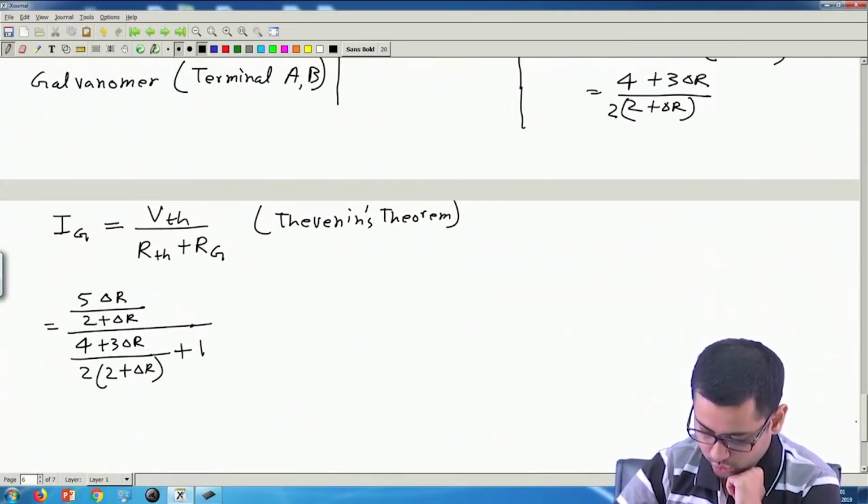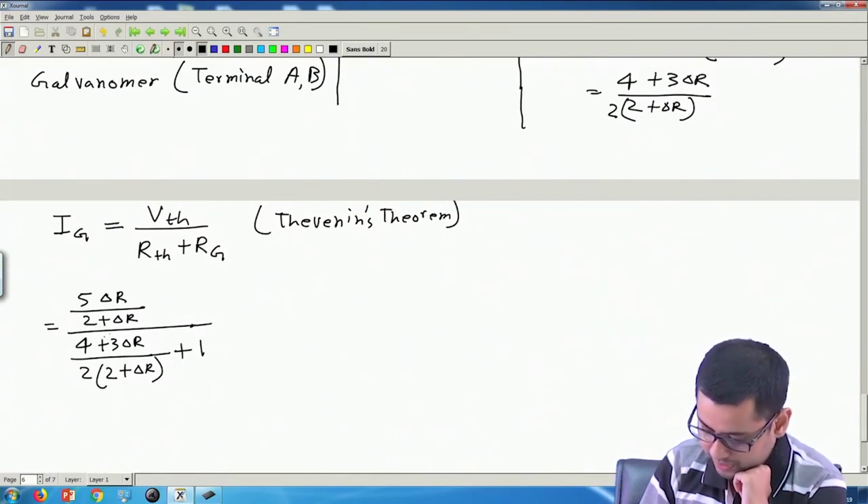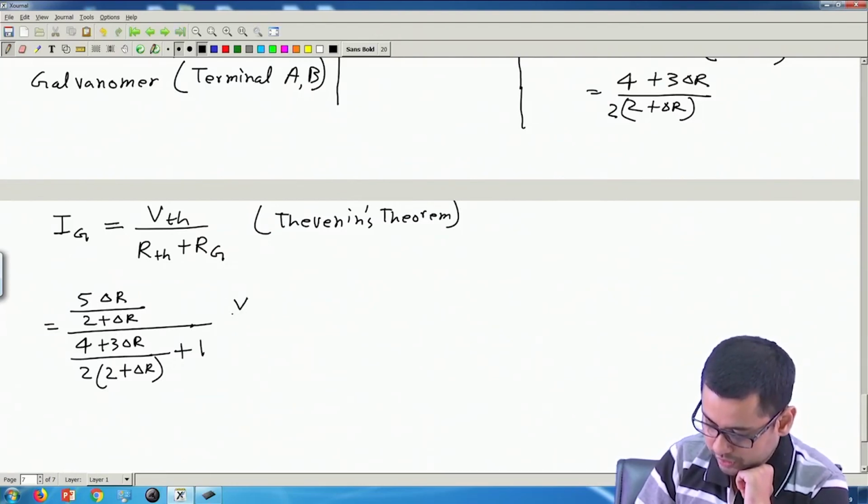So the lower part, everything is in kilo ohm. This is in volt. So the unit will be like volt by kilo ohm.